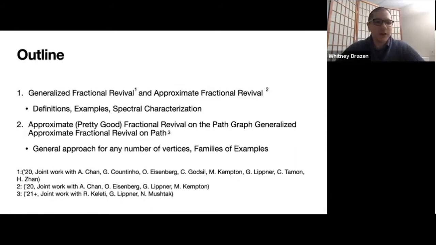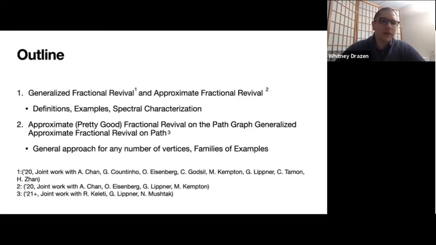This first part is joint work with Ada, Gabriel, or Eisenberg, Chris Godsell, Mark Kempton, my advisor, Gabor Lippner, Tino, and Harmony. And then part of the approximate fractional revival stuff is joint work with Ada, or Eisenberg, Gabor, and Mark.